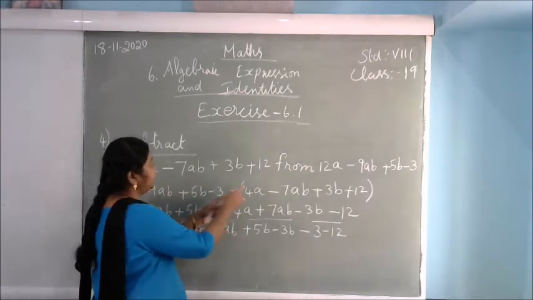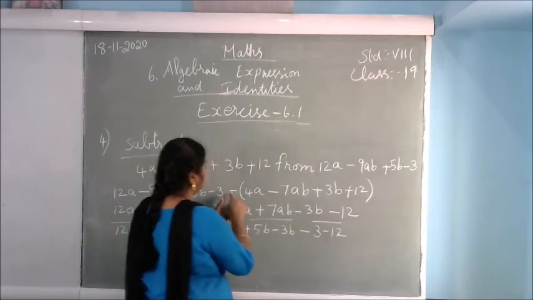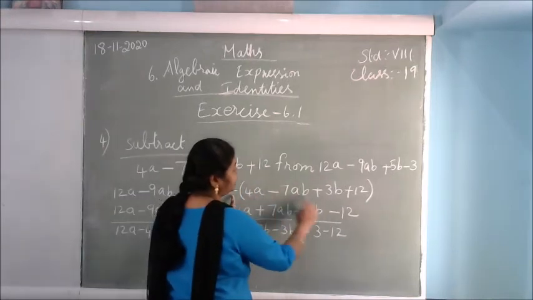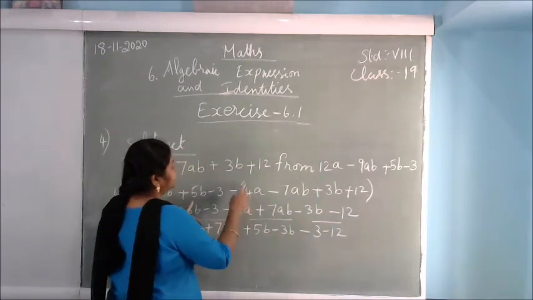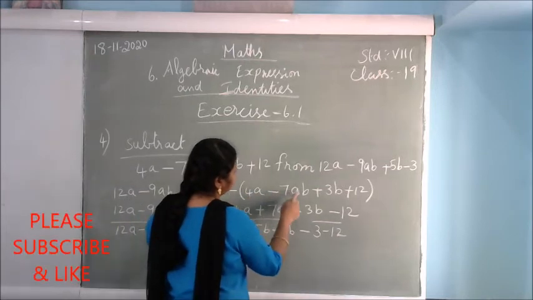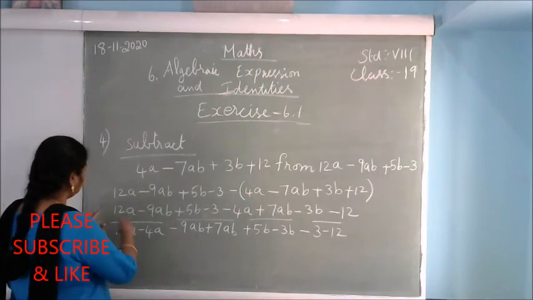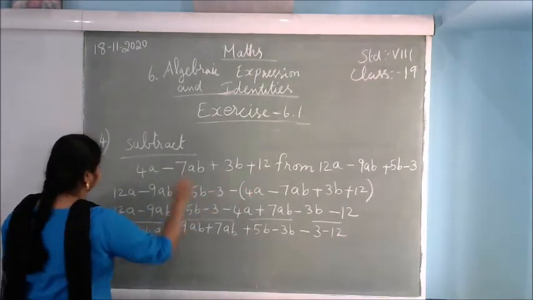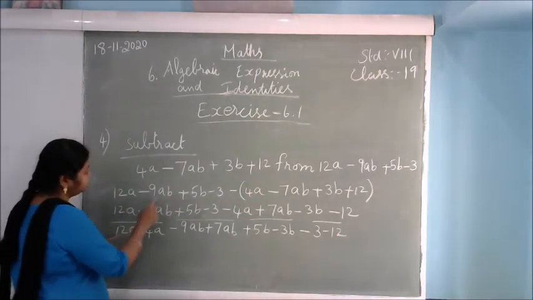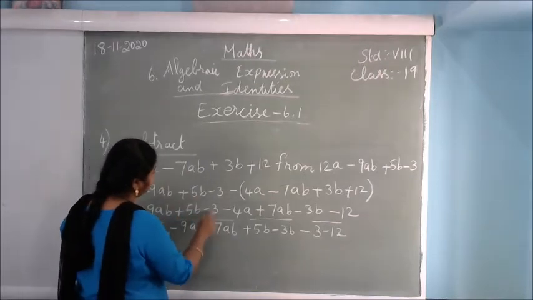That's why I wrote it inside the bracket, because for this minus you have to change the sign for each and every term. So inside the bracket 4a minus 7ab plus 3b plus 12m, and next step you should change the sign for the second expression, 12a minus 9ab plus 5b minus 3.